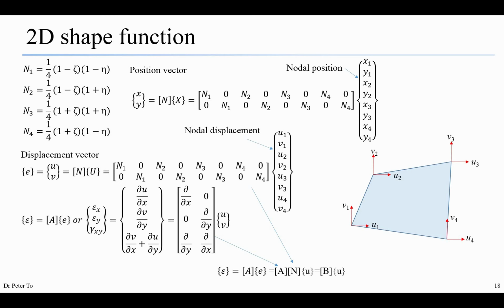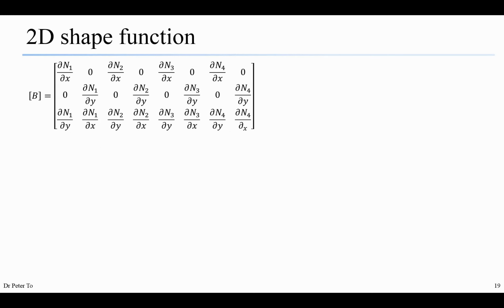And if we multiply the matrix A by matrix N, we will get matrix B and have the same solution like we did before for 1D simulation: the strain tensor epsilon equals matrix B times the vector of displacement U. Please remember that the matrix B has dimensions 3 by 8, and therefore we have a lot of zero elements inside.